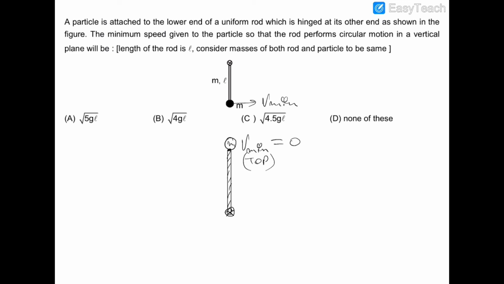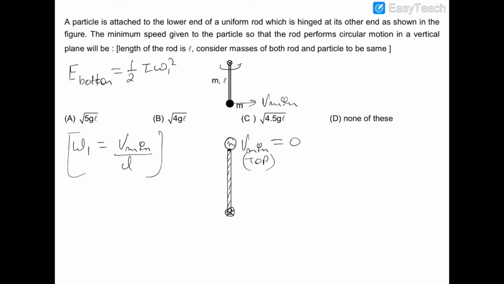and therefore if we write down the equation of energy conservation between the bottom point and the top point, the energy at the bottom point is half I omega square, where omega is omega 1, and omega 1 is equal to V minimum upon L. So we are assuming that initially when we have provided the velocity V minimum, then omega about this axis is omega 1.